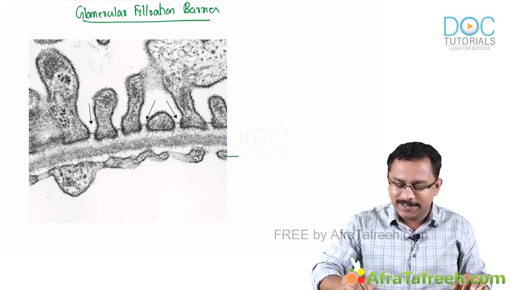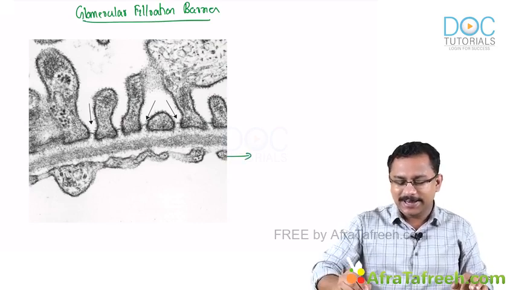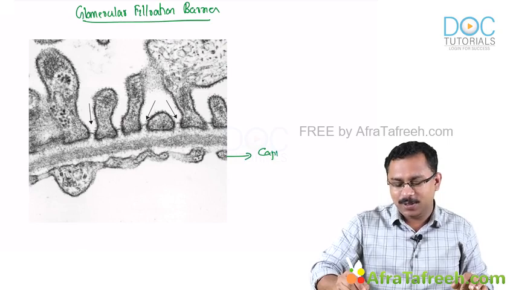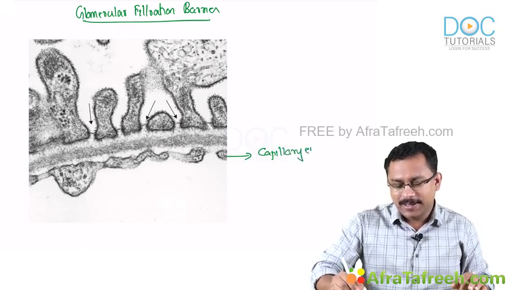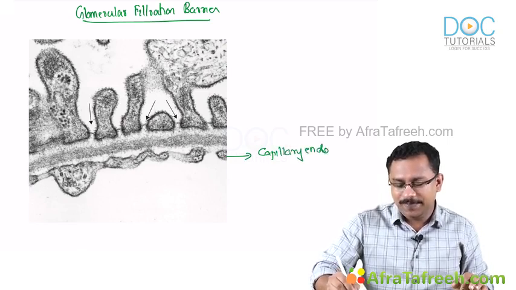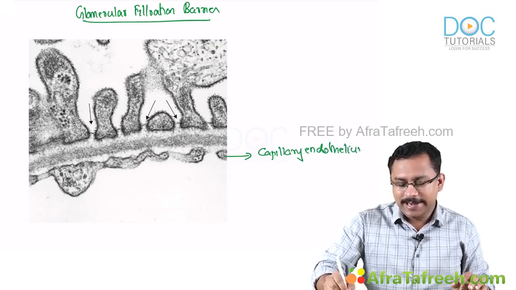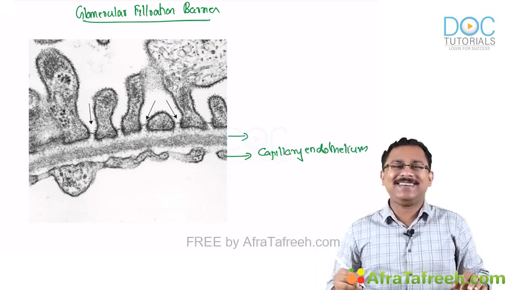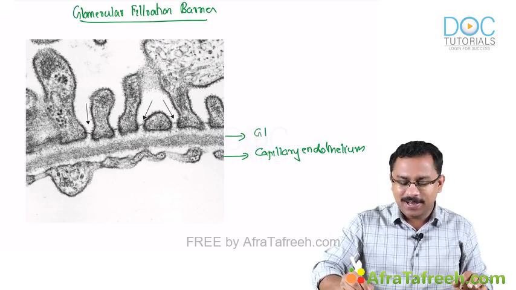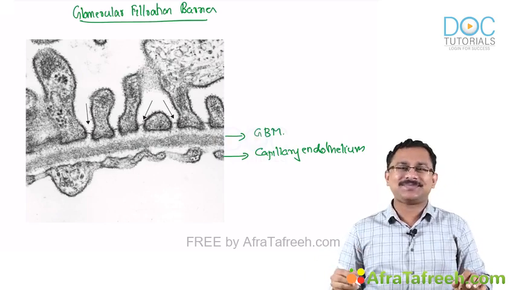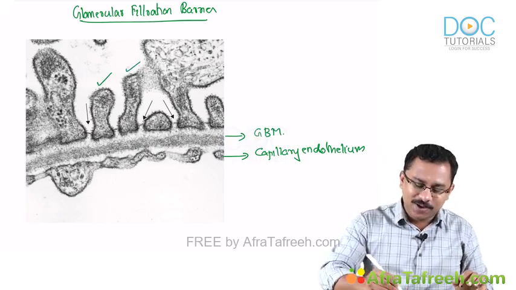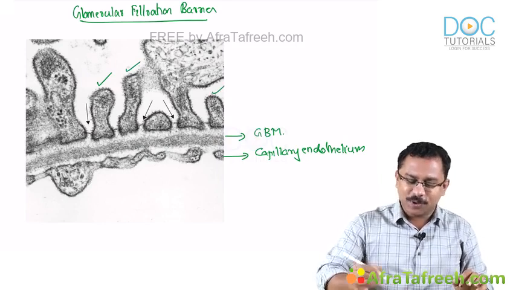Tell me, what is this particular layer? This layer that you are seeing is the capillary endothelium. And what is the layer just adjacent to that? It is the glomerular basement membrane. And are you able to see all these foot processes?